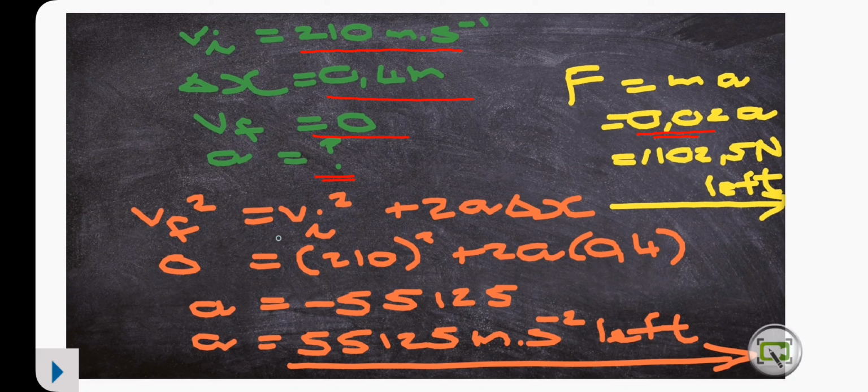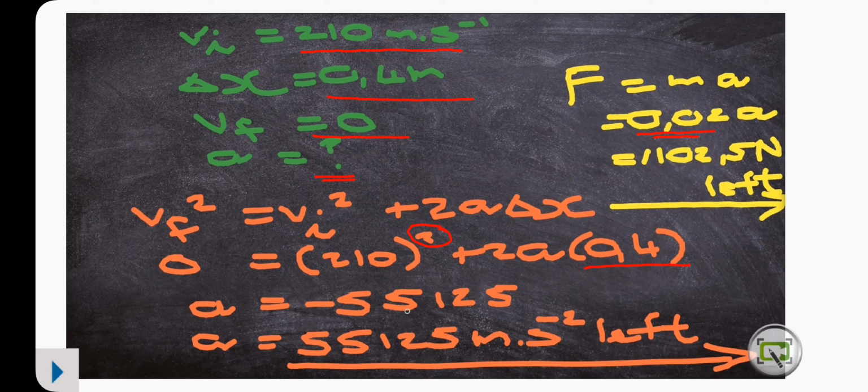All right, so we will use this formula. Vf squared is Vi squared plus 2a delta x. This is a horizontal motion. Our final velocity was 0. Initial velocity 210. Please remember to square it. And then we have 2a delta x was given as 0.4.